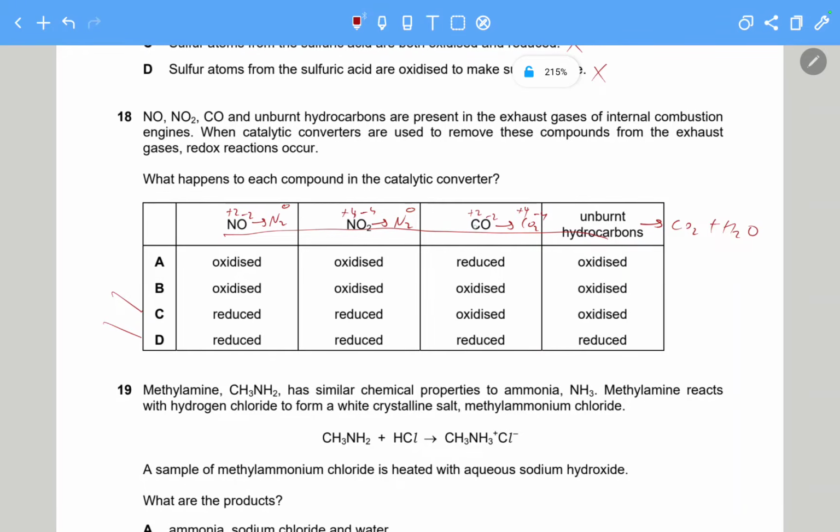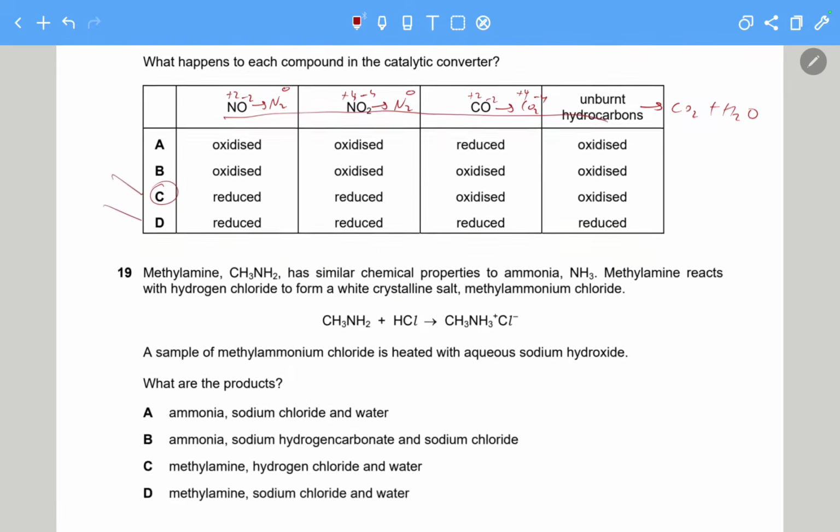So it goes from +2 in carbon monoxide to +4 in carbon dioxide. Oxidation is happening, and therefore C is the correct answer. If we look at unburnt hydrocarbons and do the same method, we will get oxidation as well. So the correct answer is C.